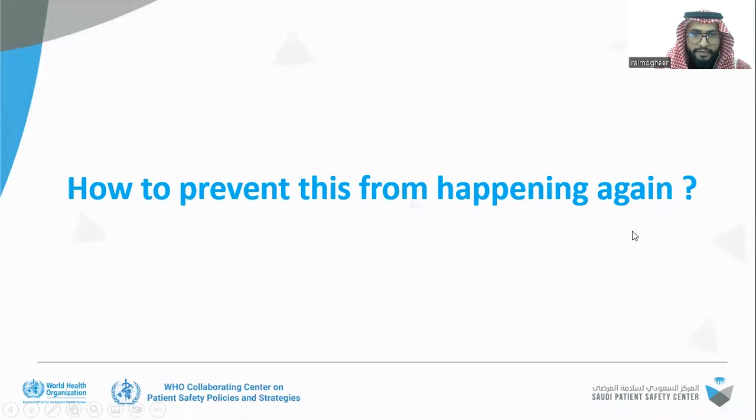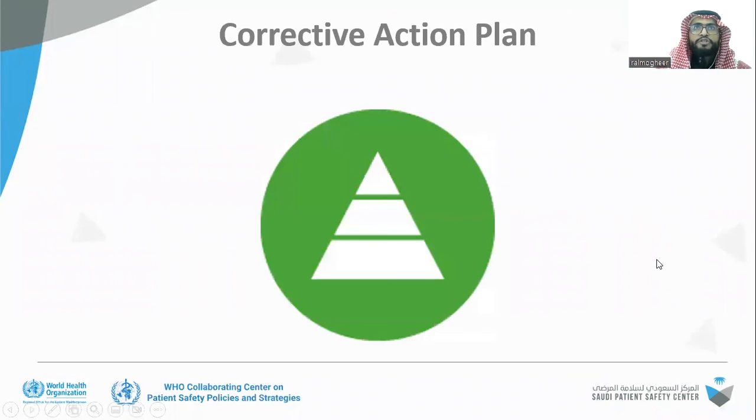So corrective action plan. Yes, excellent. So now we come to our corrective action plan. What characteristics should the plan have? What tools can we use in formulating our actions?